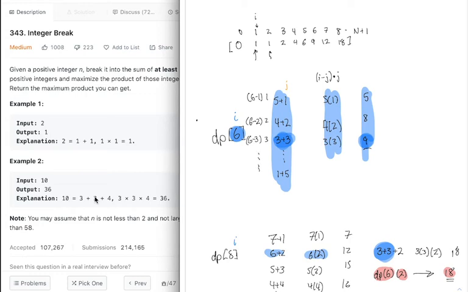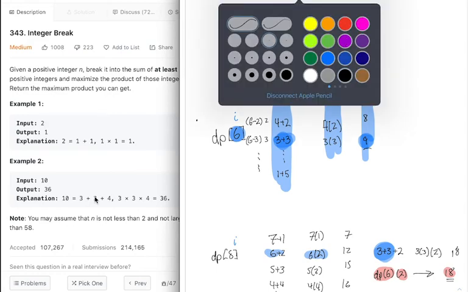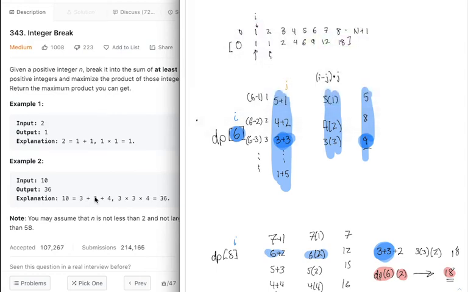And finally, we have the exact same case for case B right here, where we have dp of 8 minus 1 times 1, dp of 8 minus 2 times 2, and on and on and on.